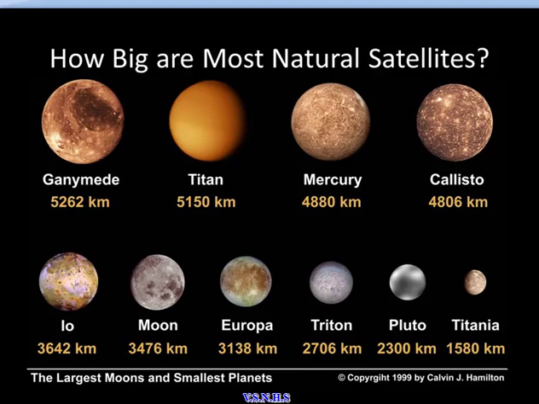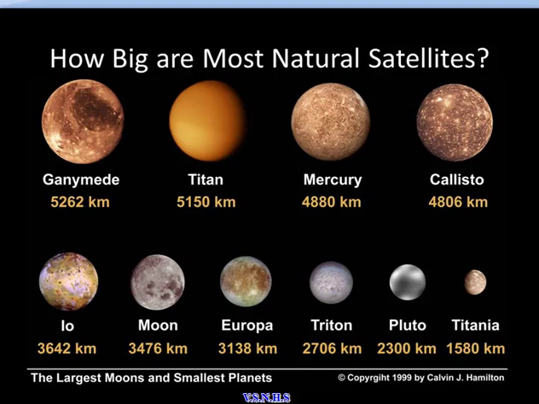So this is the first, second, third, fourth, and this is the fifth. And sixth is Europa, then Triton, and at last in this range, Titania.